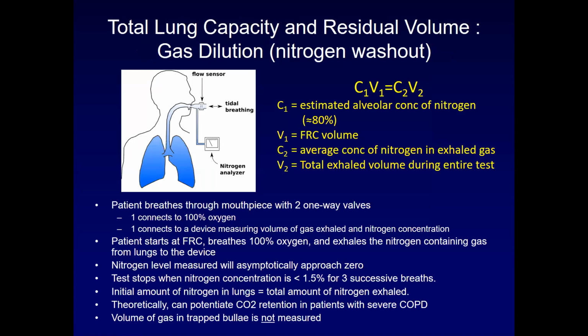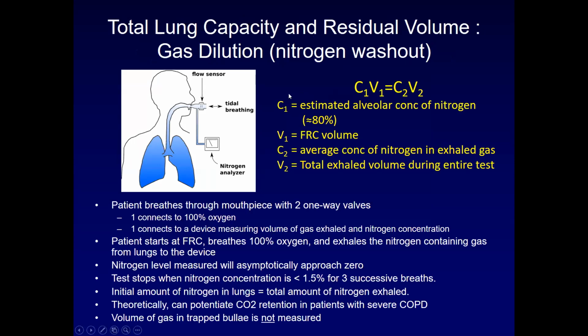All right, let's switch gears for just a second. That's how the previous slide set was on how we measure volumes inside the body box. But we also do here at Henry Ford a nitrogen washout. The nitrogen washout is a little bit simpler mathematics in which the concentration of the gas at time 1 times the volume at time 1 is equivalent to the concentration of the gas at time 2 times the volume at time 2.